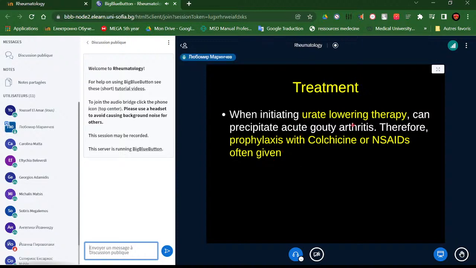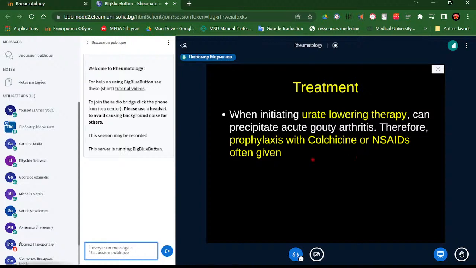When you initiate urate lowering therapy, it must be started when the patient is out of crisis. The patient must be free of crisis to start urate lowering therapy, because this therapy can precipitate acute gouty arthritis.